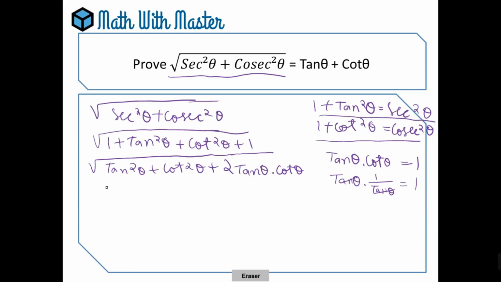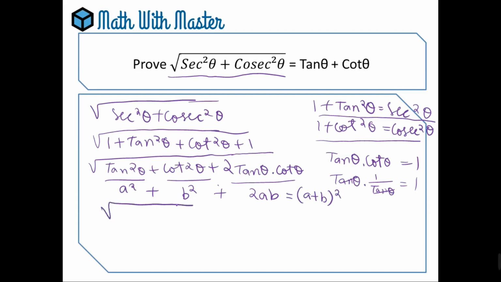Now we know here this is a square plus this is b square plus this is 2ab. Here a is tan theta, b is cot theta. So a square plus b square plus 2ab is (a plus b) whole square.